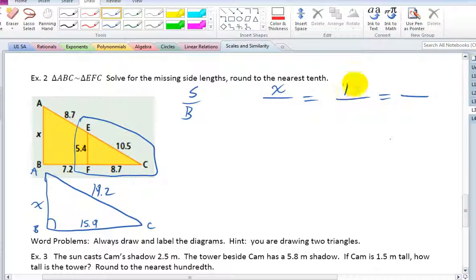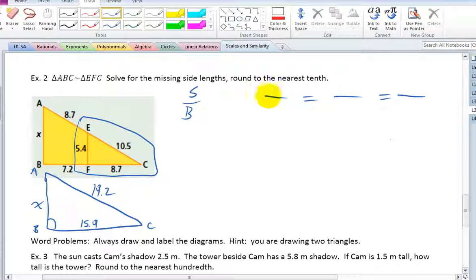So x, 15.9, 19.2. Doesn't matter which one you put there. On the bottom, 5.4. 15.9 matches up with 8.7. 15.9 part of the big one. Yes, it is. So this one. Oh, I see what I did. I switched that up, didn't I? I put the small on top. Okay.